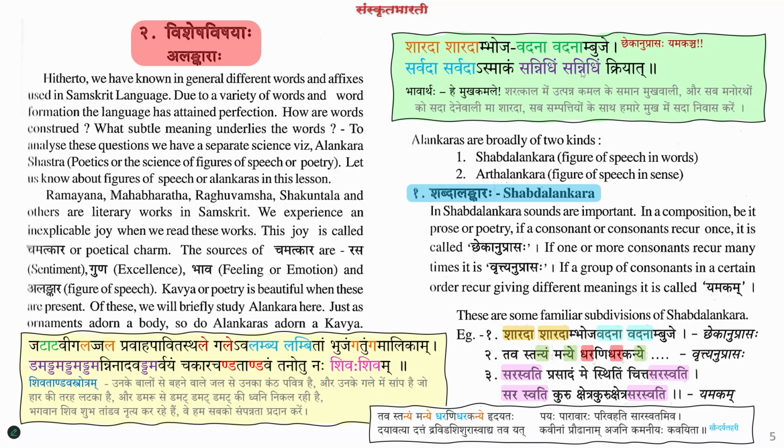And then sannidhim kriyat. Let's see: sab sampattiyon ke saath hamare mukh mein sada nivas kare. Sannidhi is taken in the sense of our face. I mean, basically Saraswati has to be in our mouth. What is the use of her as a photograph on the altar? That's why this is beautiful here. So sannidhim means in our mouth.